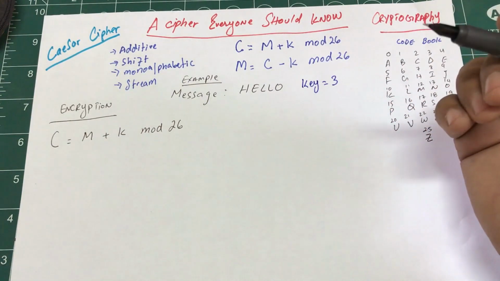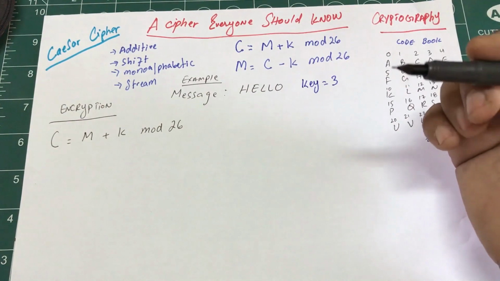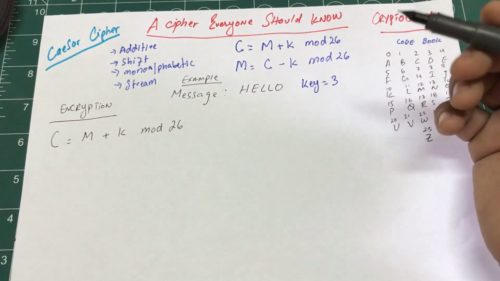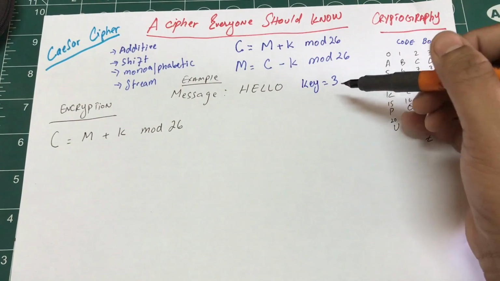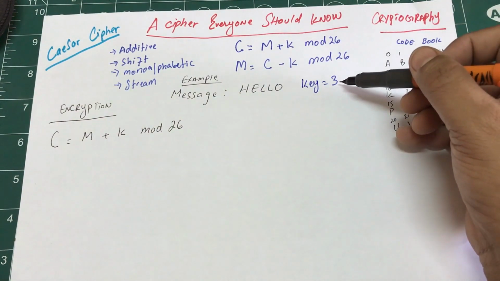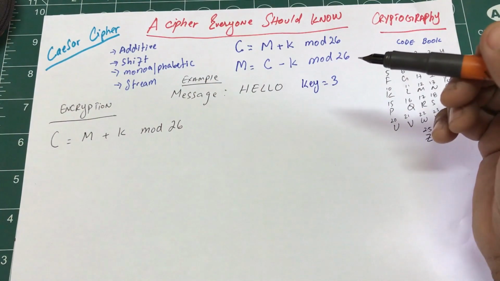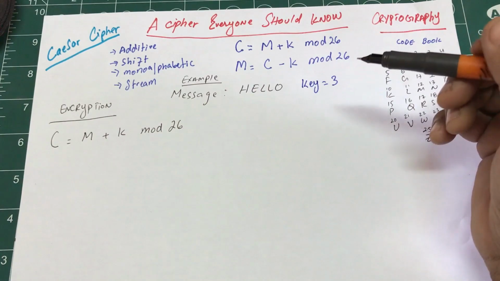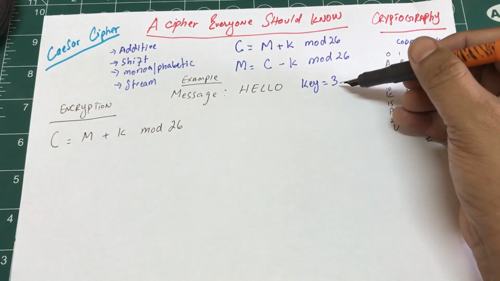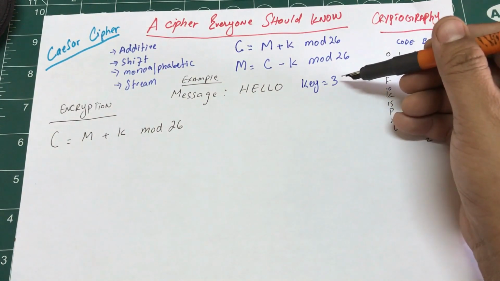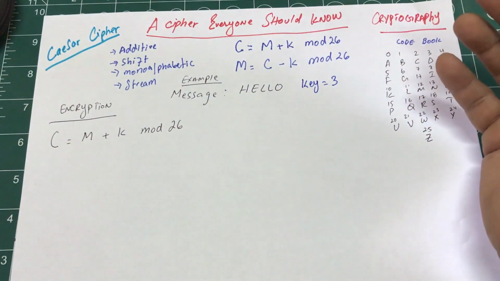For example, if you're trying to send an encrypted message using the Caesar cipher to your friend, you can choose a key. But in the actual Caesar cipher, the key was 3, shifting the letters 3 places to the right cyclically. In this example, we'll take the key to be 3. You can take any key you want.